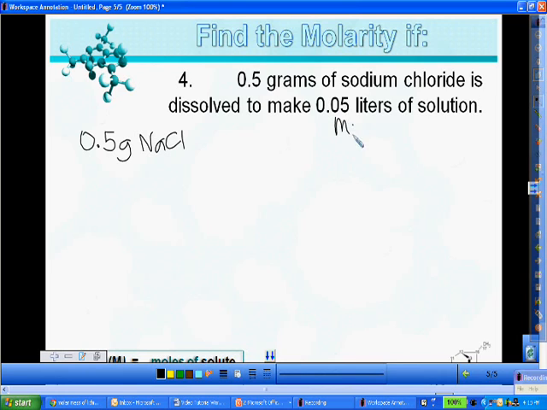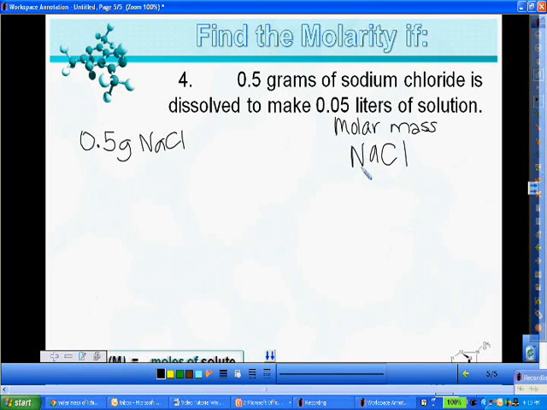We still want to find the molarity, but first we have to go from grams to moles. So let's calculate the molar mass. Remember, for molar mass, we're going to look at our formula, which is NaCl, and we're going to combine the atomic mass of each component of this compound.